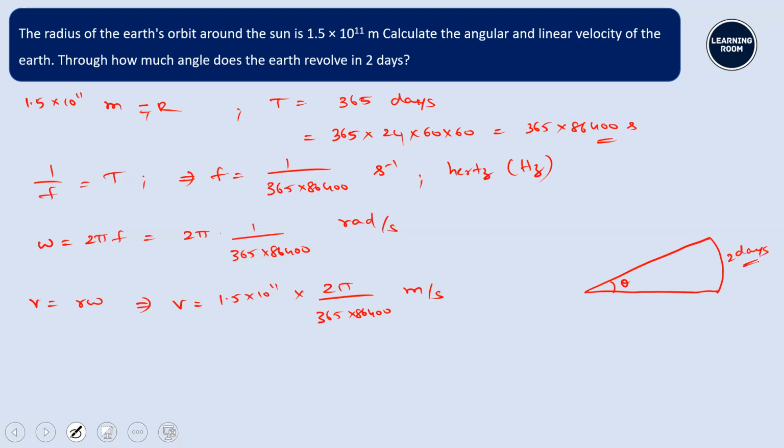So in 365 days, it is completing a revolution of 2 pi radian, one revolution around the Sun. So in 2 days, how much will it complete? 2 divided by 365 into 2 pi, which will give you 4 pi divided by 365 radian. This is the amount of angle it would have covered in 2 days of time.